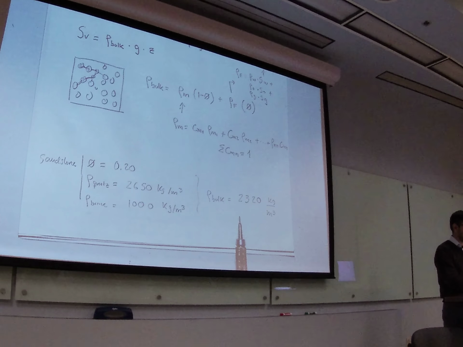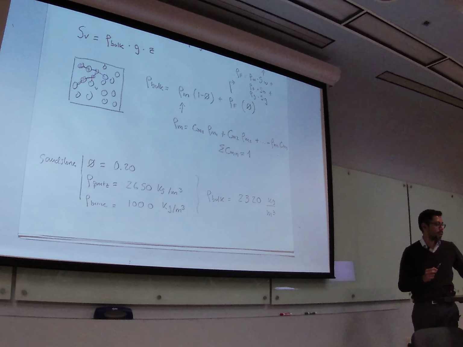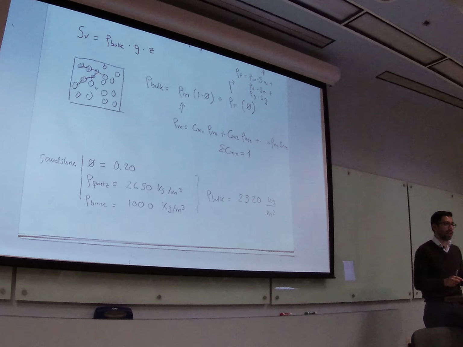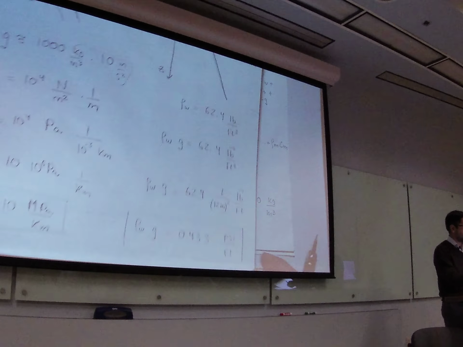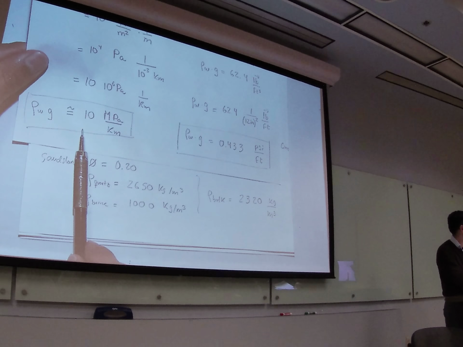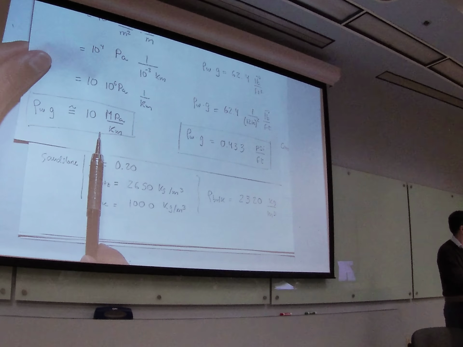Let me ask you, with this bulk mass density, what's going to be the gradient of total vertical stress? The gradient of pore pressure, let's do it first in this metric unit.